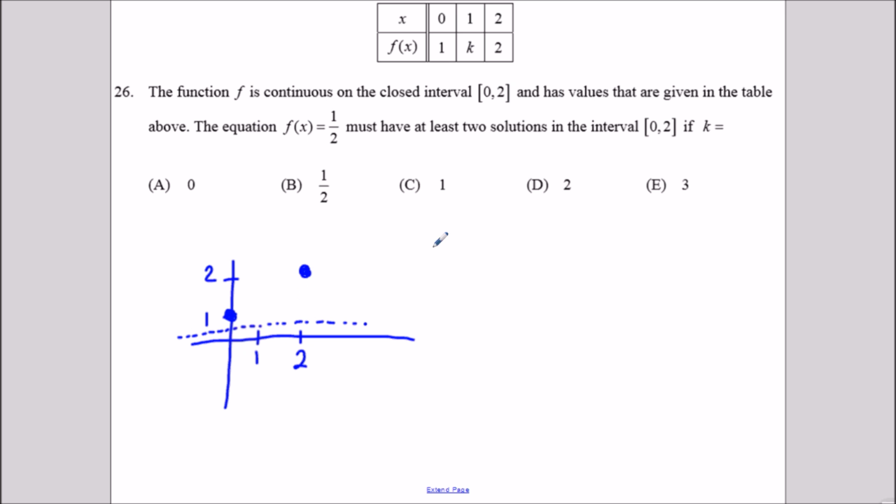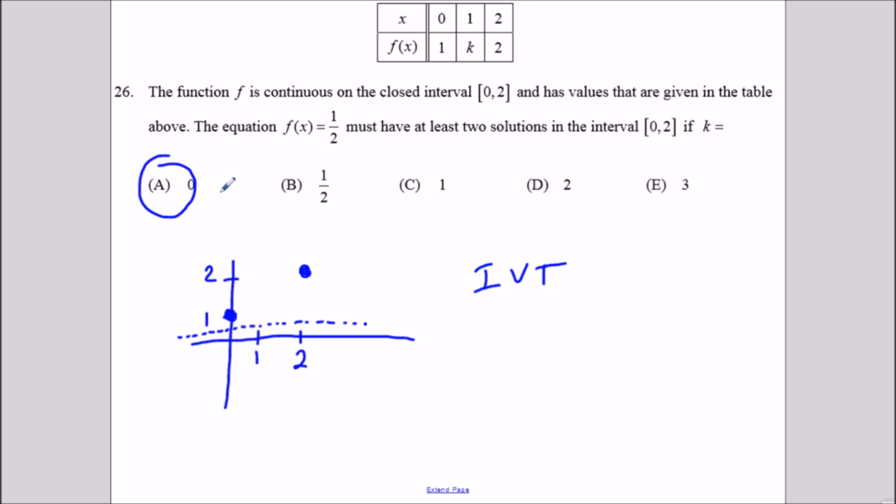And this is the intermediate value theorem here. So the key is we need to pick an answer for k that is less than a half. If we choose something that is 1/2 or greater, we can't guarantee that when we connect this point that it's going to pass through this line twice. So the only one that is less than a half is 0.